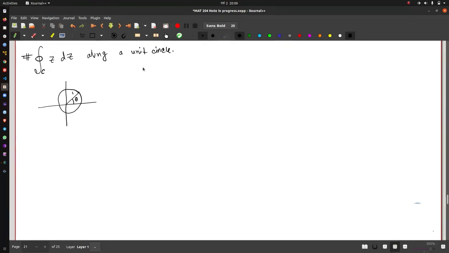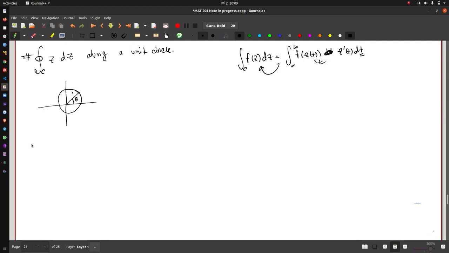So to do it, we're going to use the thing that we saw earlier, that if you have something like this, you can parameterize it and use the values of the endpoints of the intervals of that parameter. And you can use this to evaluate this contour integral, right?